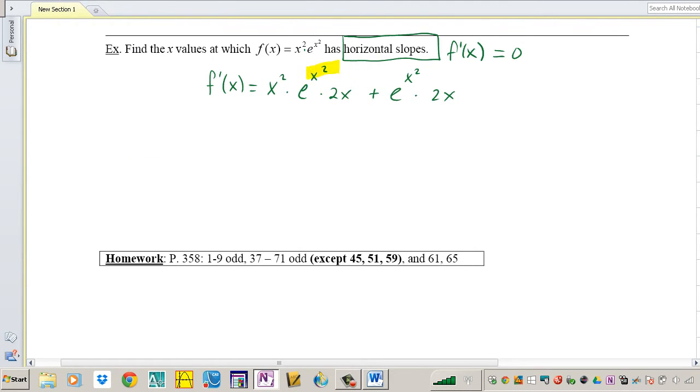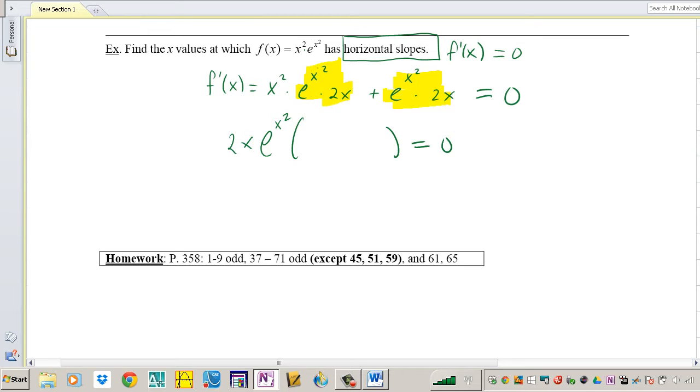Now that I have these very similar factors here, I can factor it out, because if you just automatically start equaling this to 0, you are going to have a hard time trying to solve for the x. So let's go ahead and factor this out. If I factor out the common term, I get e to the x squared with 2x in the front, equals 0.